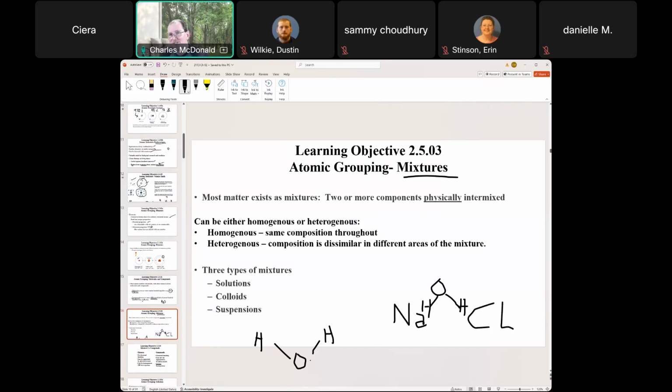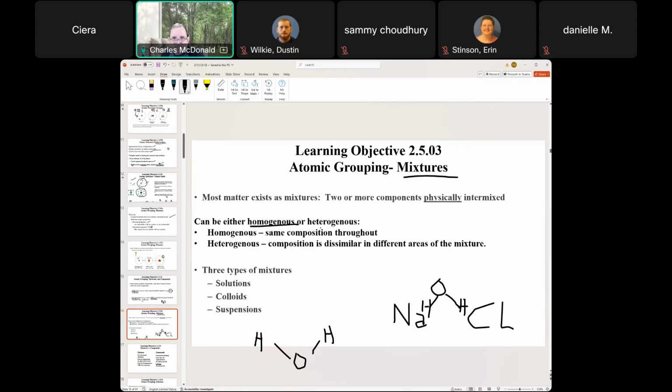So this is like physically intermixed. If you took a shaker of salt and a container of sugar and you mixed them together and stirred them up, that's a mixture, but they're not bound together. How's that, guys? Does that make a little bit of sense? Hopefully. Yeah, it's making some.